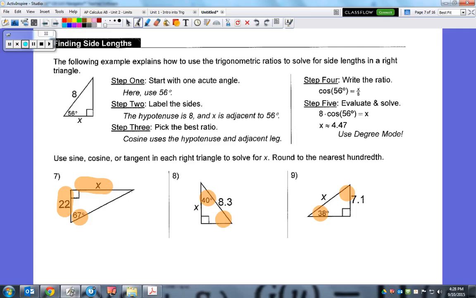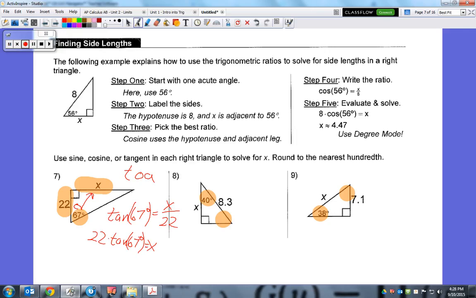So from where this angle is, this is opposite, and this is adjacent. The only thing that has opposite and adjacent is tangent. So I'll set it up as tangent of 67 degrees is equal to opposite, which is x, over adjacent, which is 22. So multiply both sides by 22, we get 22 times the tangent of 67 degrees.